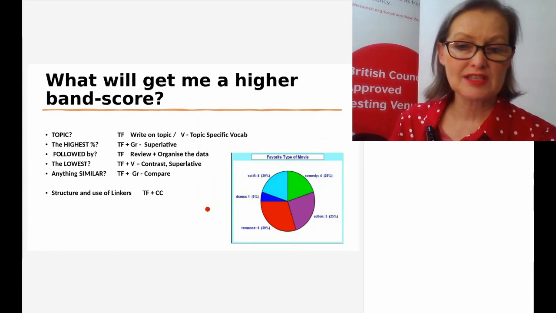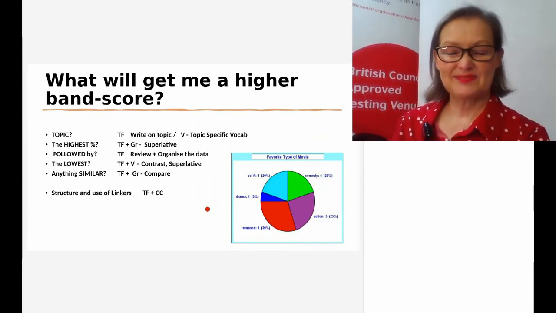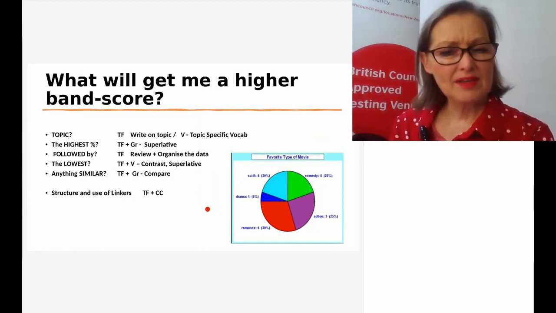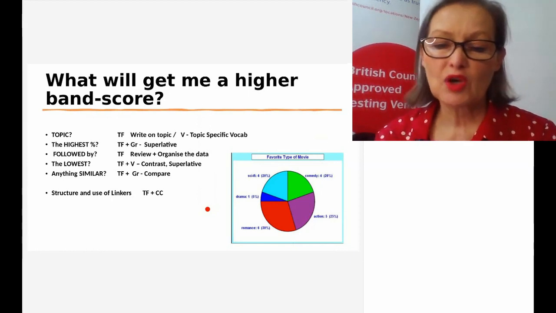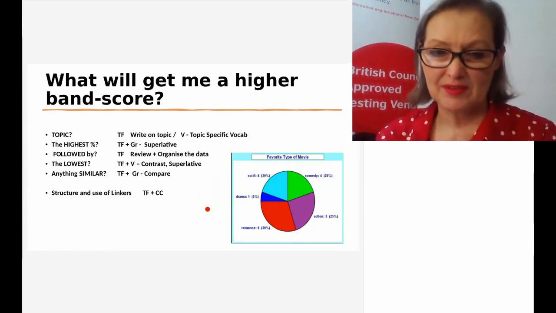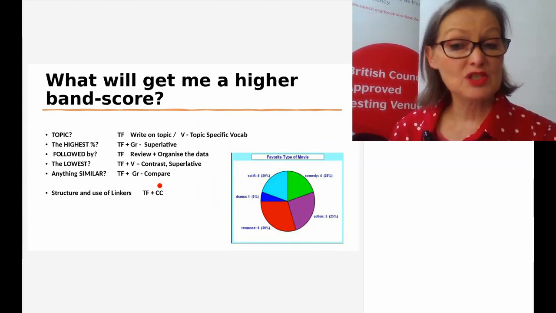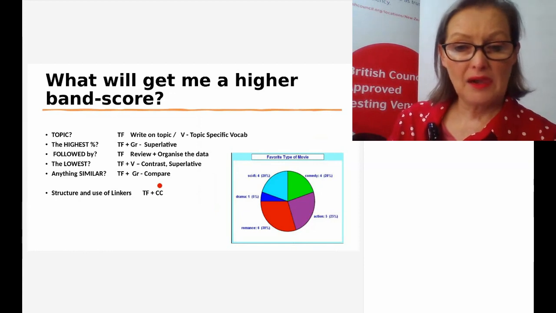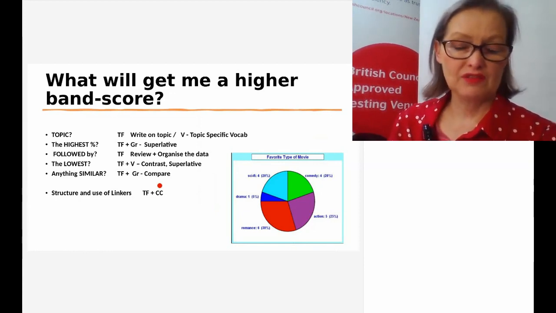There I'm contrasting and once again using superlatives. Anything similar? Well, once again, I'm looking to be able to compare two things. That's going to assist me to get a better grammar score if I can display in my writing that I can compare, and of course, task fulfillment.